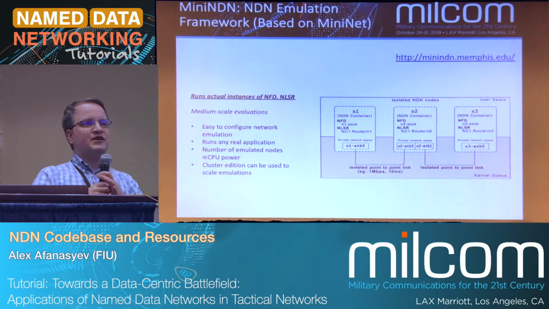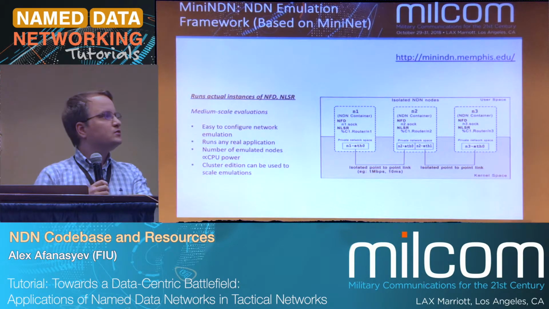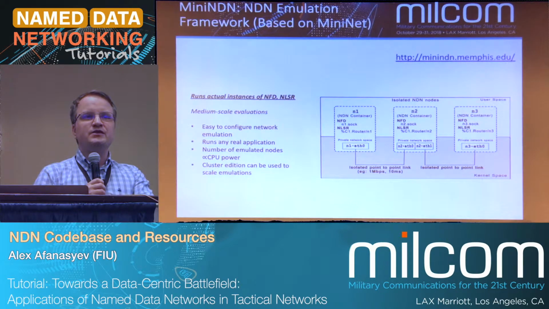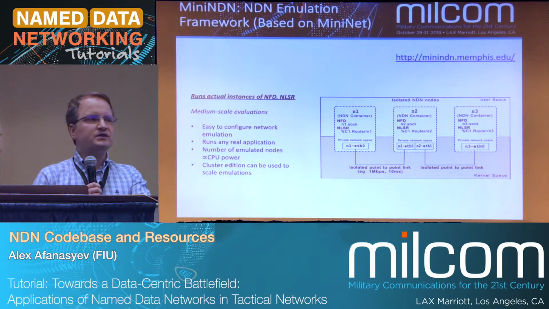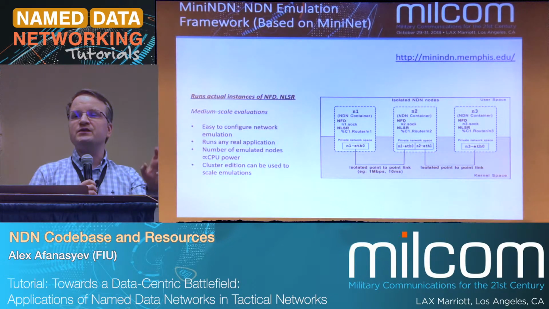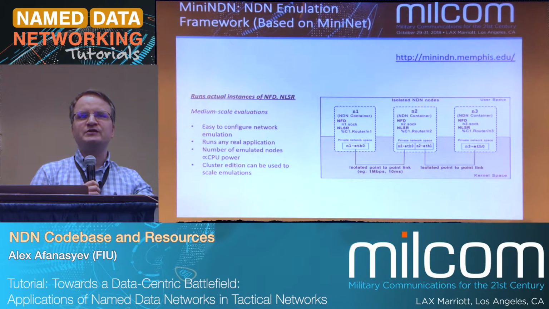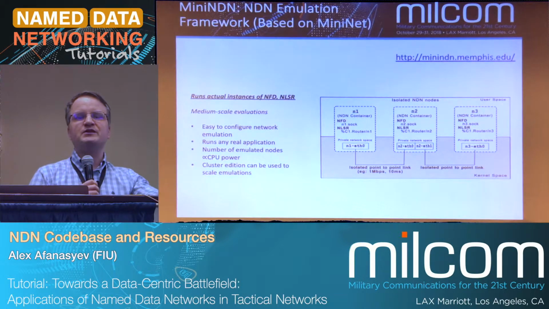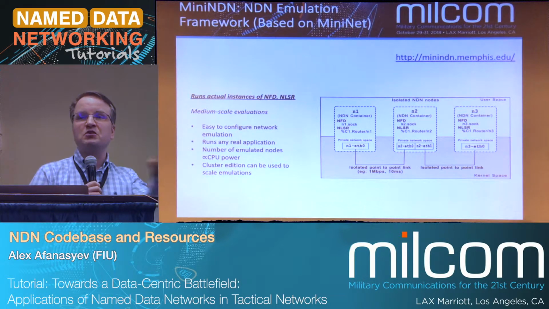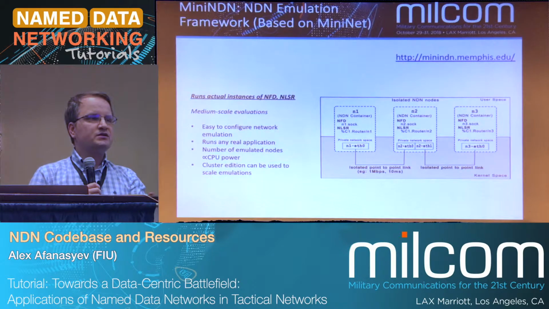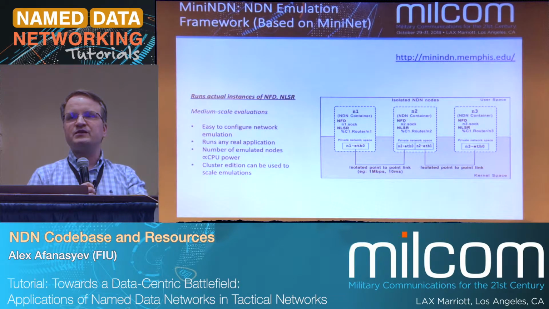The next level of fidelity is a tool called MiniNDN. It is effectively an extension of the Mininet framework for creating an emulated environment of a network with multiple nodes on a single node. This allows you to do basic evaluation.